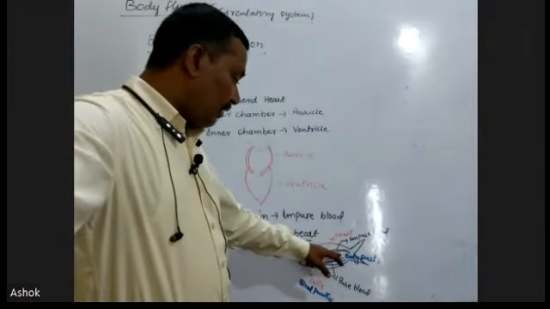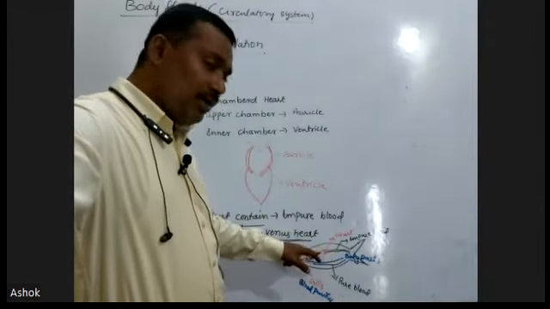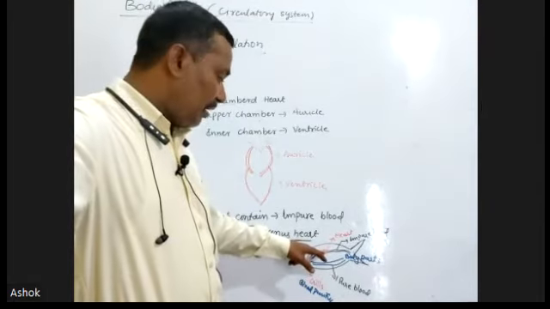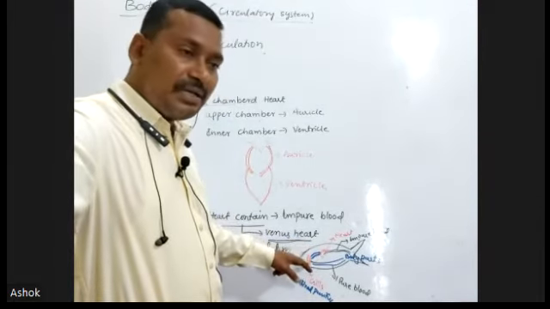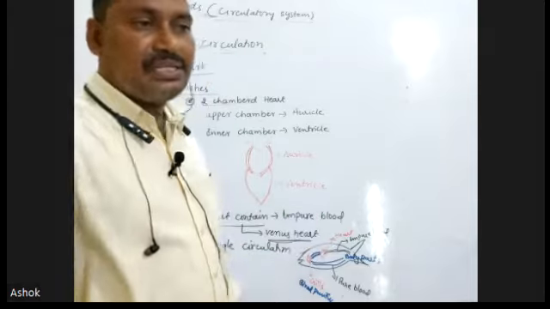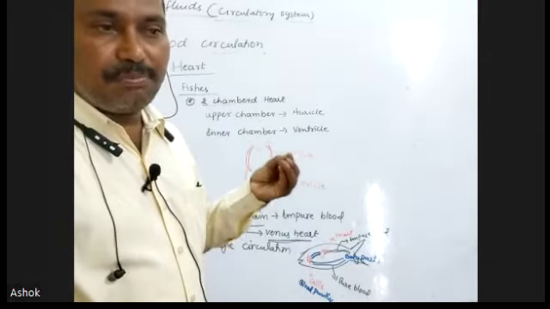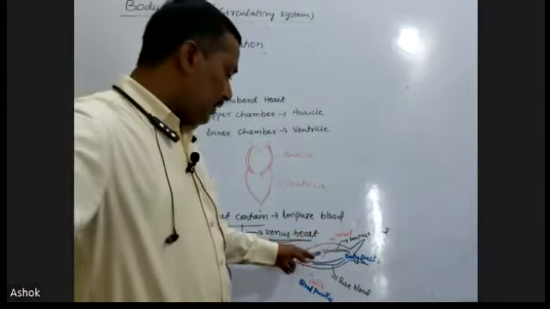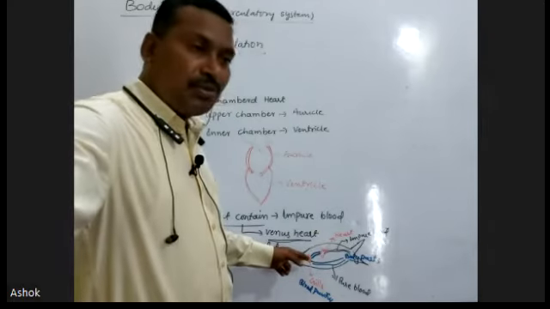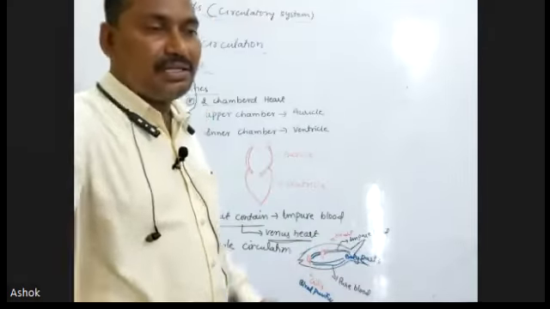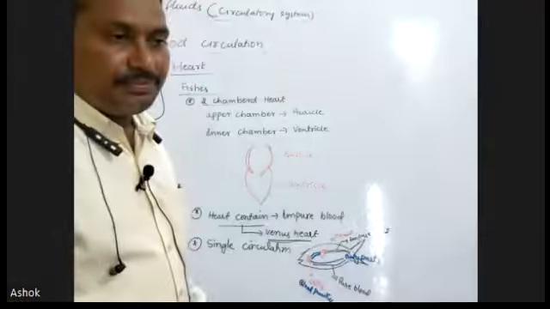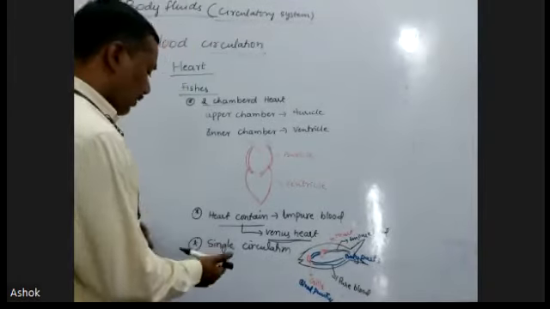Why? Because the blood always flows in only one direction. From the heart, the blood directly enters the gills. It takes impure blood from the body parts and sends impure blood to the gills. Only in one direction the heart sends the blood. That's why it is called a single circulation.